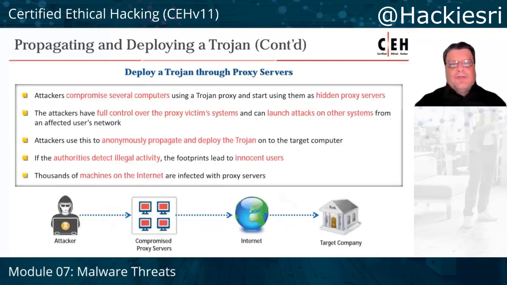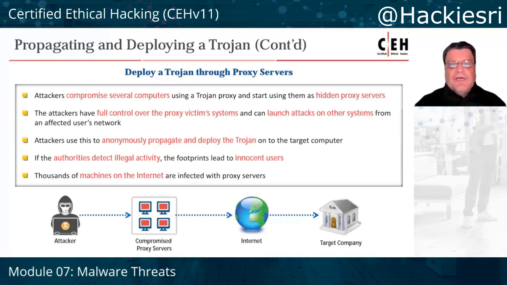Propagating, deploying a Trojan continued. Deploy a Trojan through proxy servers is another method to deploy Trojans. In this case, attackers compromise several computers using Trojan proxies and start using them as hidden proxy servers. The attackers have full control over the proxy victim systems and can launch attacks on other systems from the affected user's network.